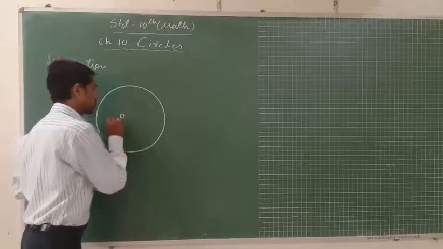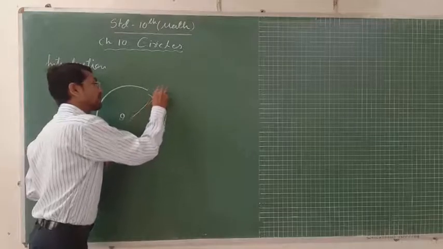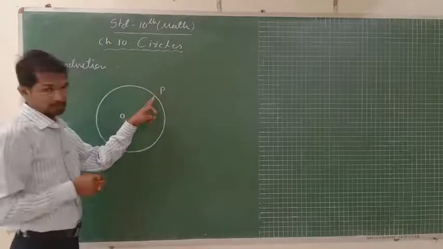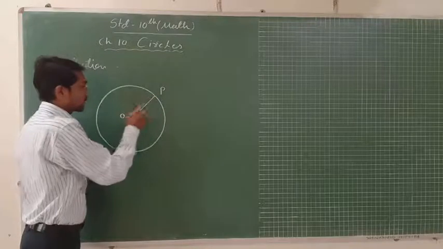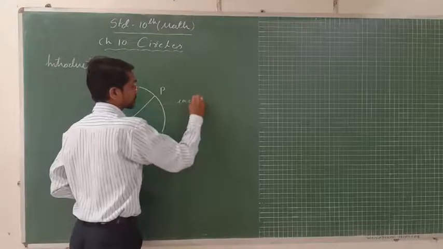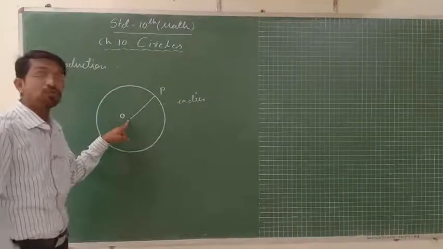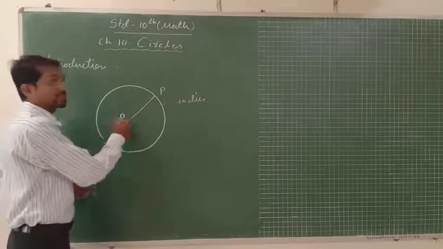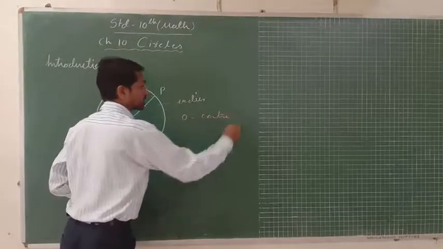If O is the fixed point, and here we draw P, any point on the circle, on the locus of the point, then this PO is a fixed distance, which is called what? Radius of the circle, and O is the fixed point which is called the center of the circle.